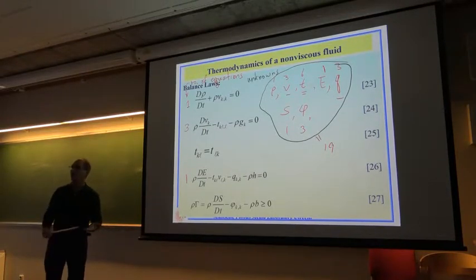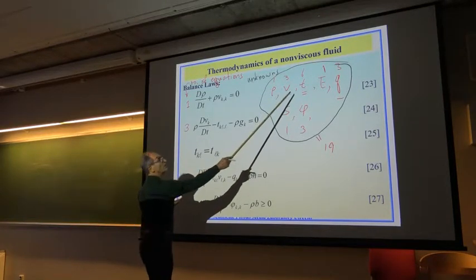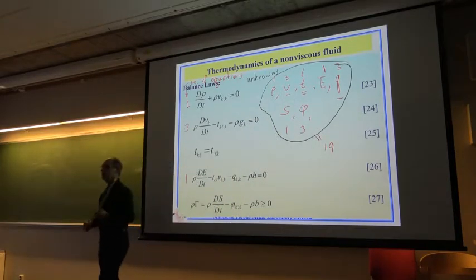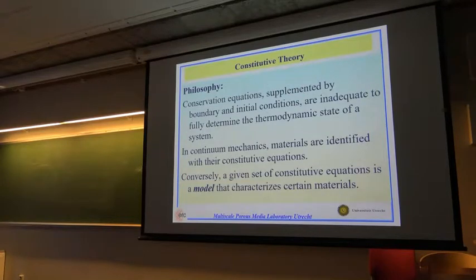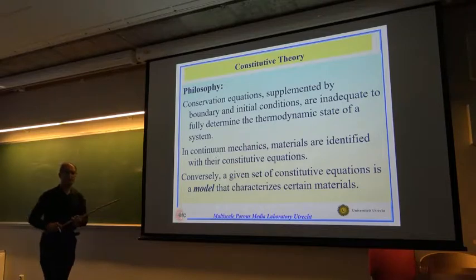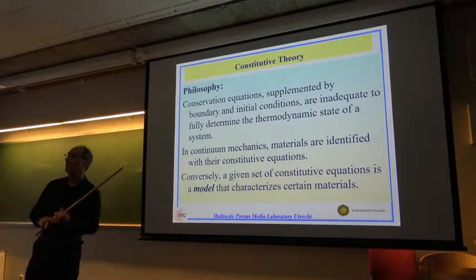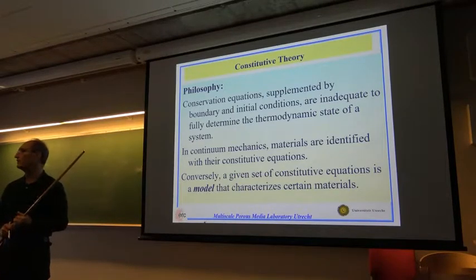And they come from the fact that we have to say something about how these are all related to each other, and that it depends on the material itself. How do we determine that or decide on that? Well, you can do it based on your own experiences.